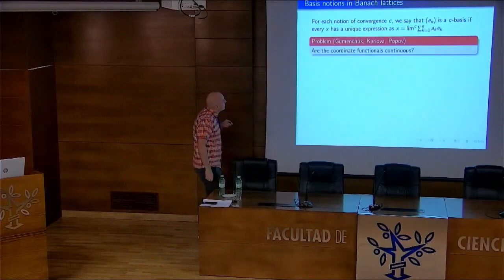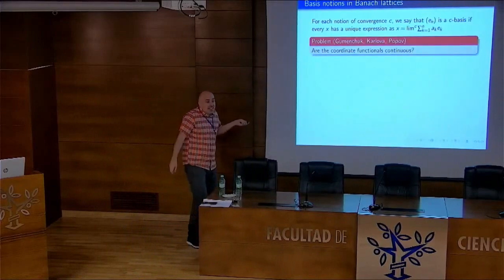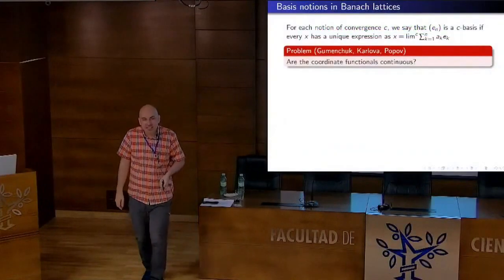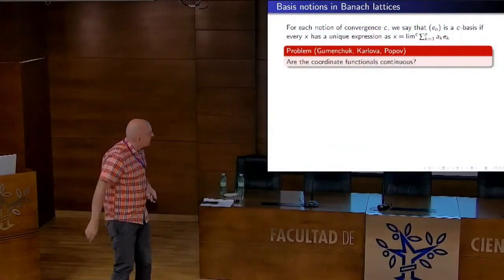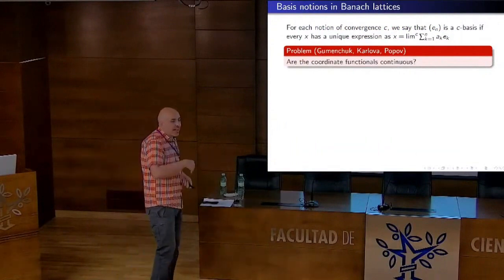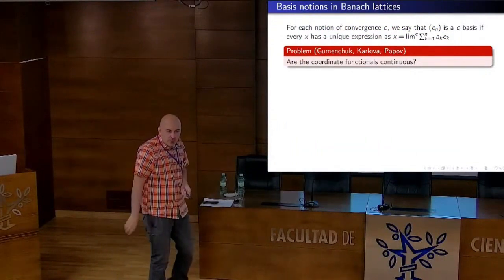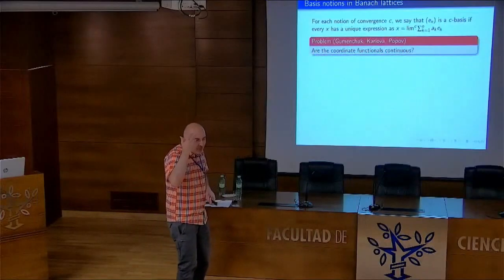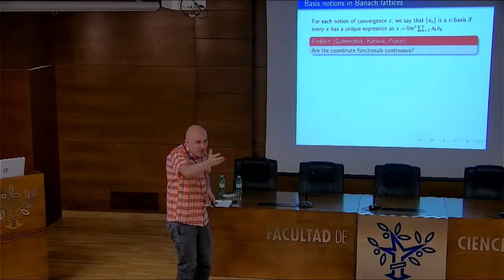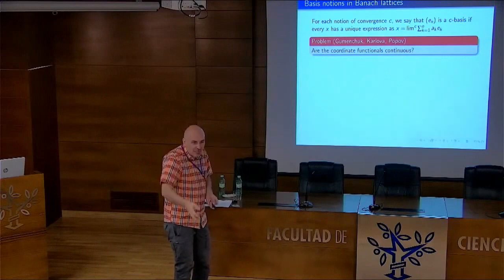Okay. And again, they have the same problem. Indeed, the story that I could learn is that these people, Gumenchuk, Karlov, and Popov, when they sent their first version for publication, without being very careful, they thought that the functional should be continuous and that this was something obvious.